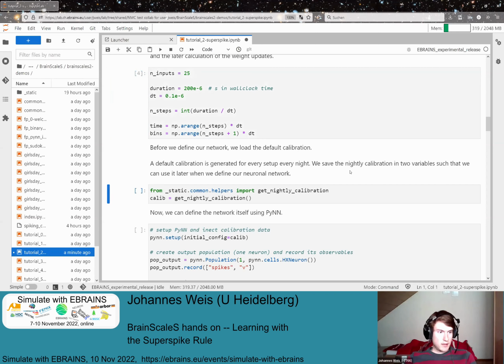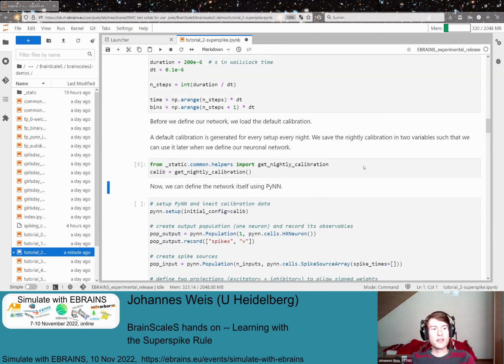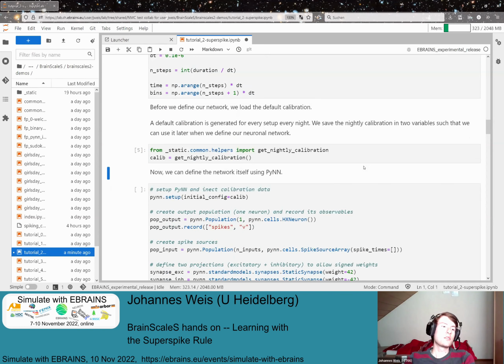Okay, let's continue with the notebook. We will also use a calibration. Technically, since we're only going to use one neuron in this notebook, it would not be that important to load a calibration. But since we're using external inputs, there are a lot of technical parameters that you would need to tune, and it's just easiest to load the calibration because we have it.